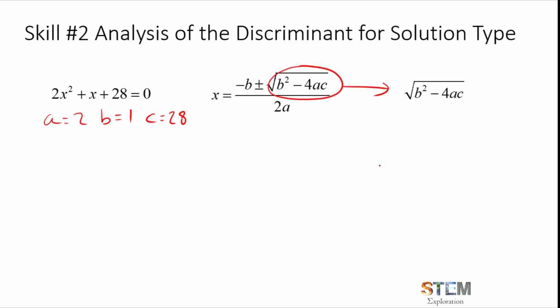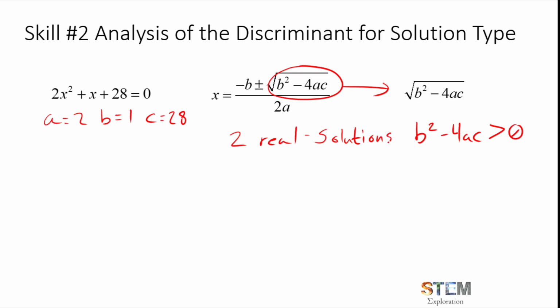And what you need to keep in mind whenever we're trying to figure out whether something has a real solution or not is we need to look at b squared minus 4ac. If it is greater than 0, then this is going to tell you that there will be 2 real solutions.